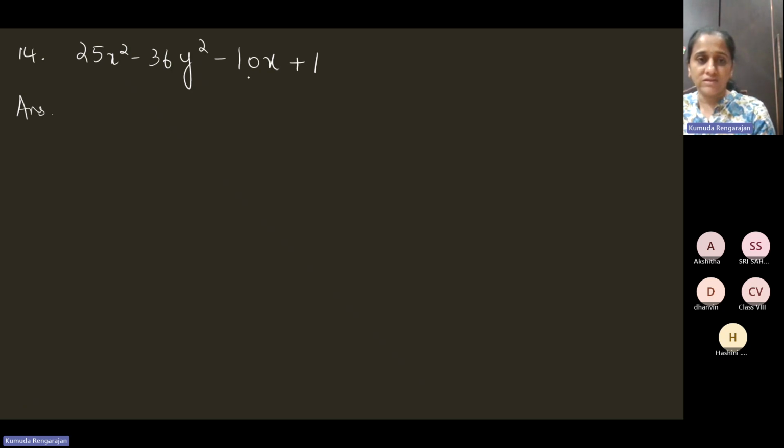You should take minus 10x with 25x square because there is x here. Which is the other variable in this 4th term? There's no other variable, only x. So take it with this constant 1.